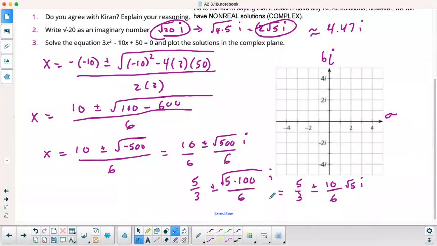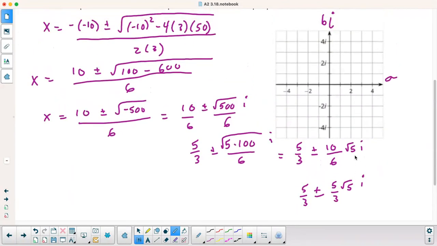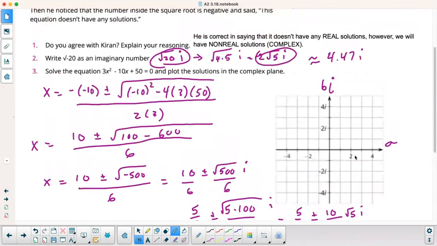And my final answer here is going to be 5/3 plus and minus 5/3 radical 5i. So let me just double check my math here on this. Okay, I think I'm good.